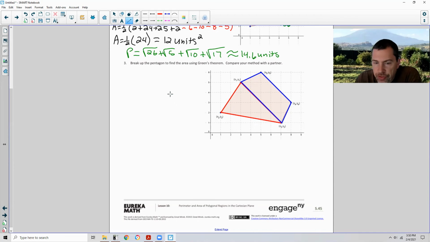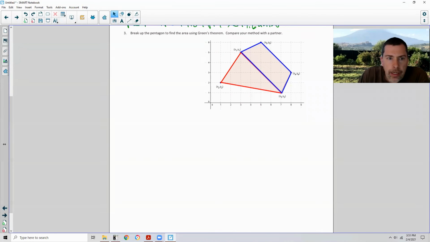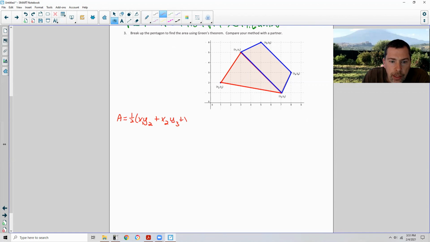So we have these two figures. Okay, so let me make some more room because this will take a little space. What I'm going to do is find the area of the triangle and the area of the quadrilateral using the shoelace theorem in each, and then combining the two. So I'll use red for the triangle. Area equals 1/2 (x sub 1 y sub 2 plus x sub 2 y sub 3 plus x sub 3 y sub 1).